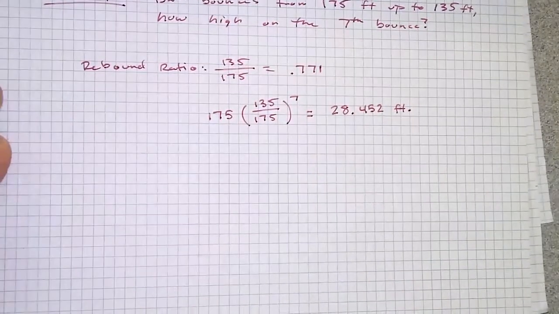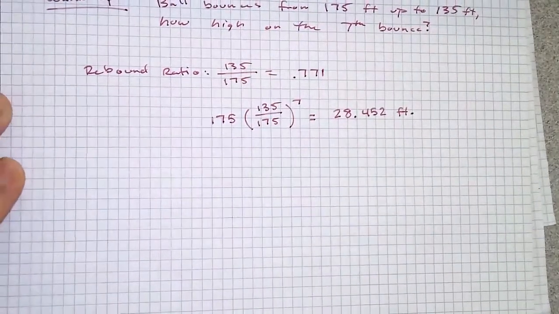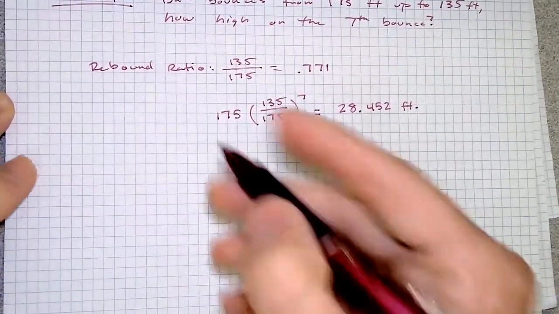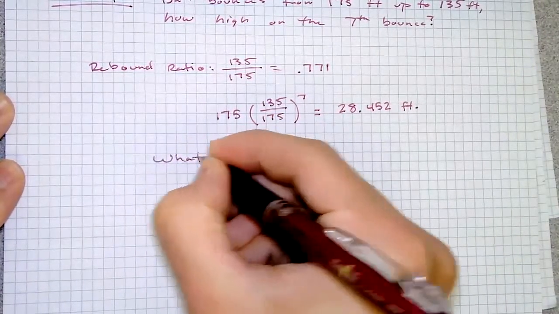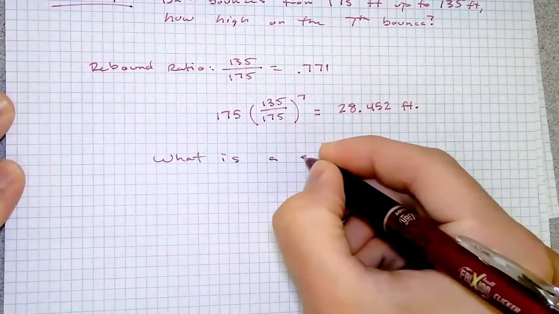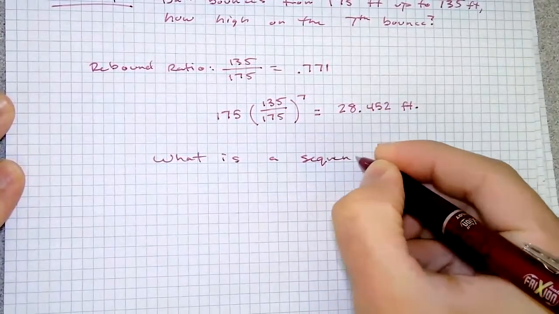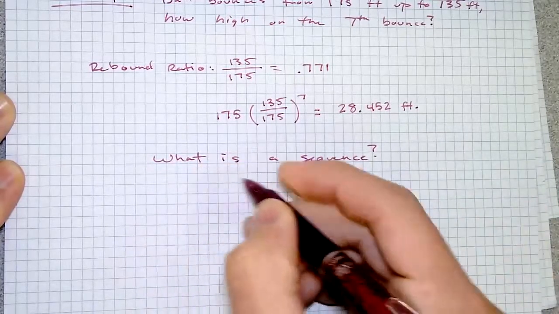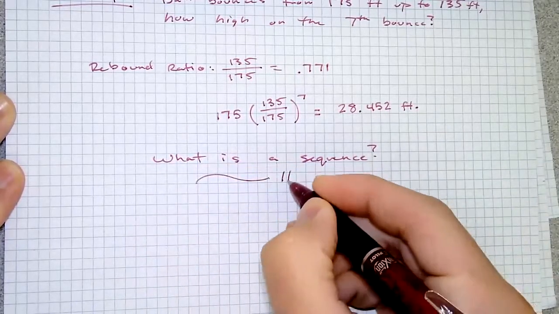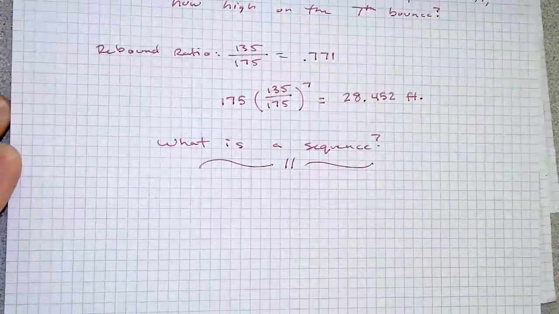So today we're gonna kind of reference back to this in talking about sequences. What is a sequence? You guys probably woke up this morning and you were like, man, I hope Anderson tells us what a sequence is. That'd be great.